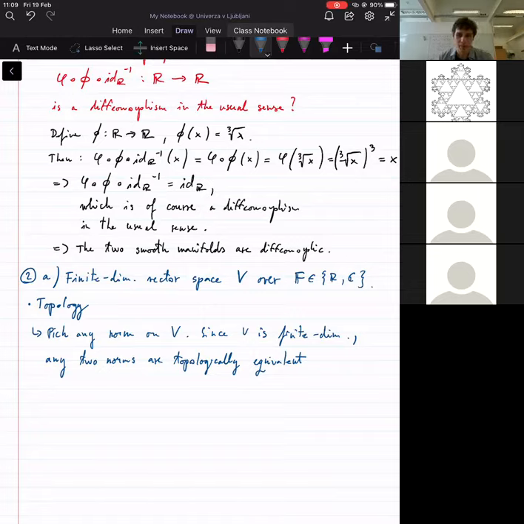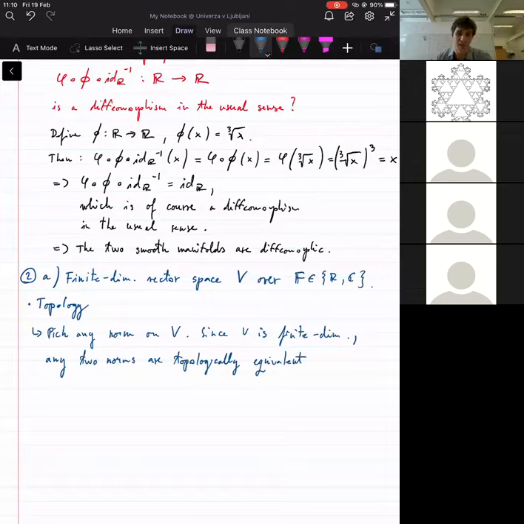You may, for example, pick a basis on V. So you may identify it indeed with the Euclidean space, let's say R to the power of n, and then you may pick the standard Euclidean norm, as Mikhail Pachnik said, and via this isomorphism between the vector spaces, you just take your norm back to your vector space V. That would be an example of one norm on your vector space.